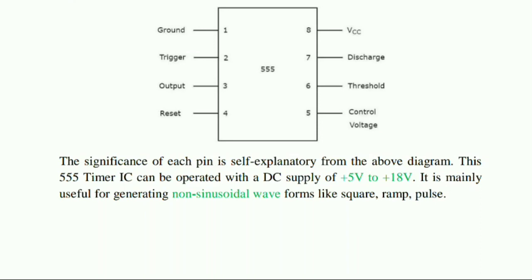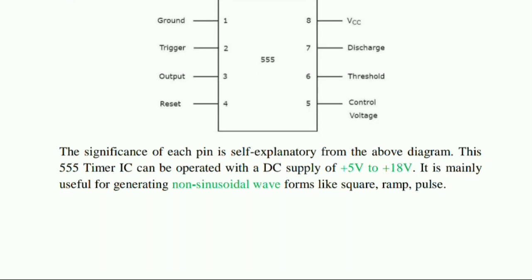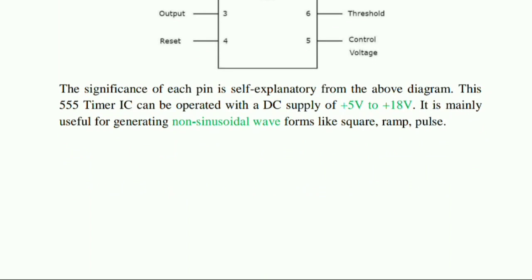This timer is mainly used to generate non-sinusoidal waves. Sinusoidal signals are sine and cosine, so non-sinusoidal signals are other than these two. Mainly we generate square wave, ramp and pulse using this.